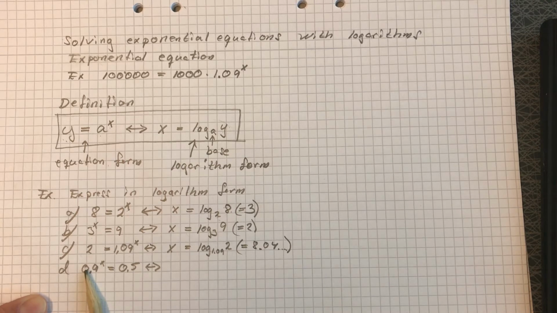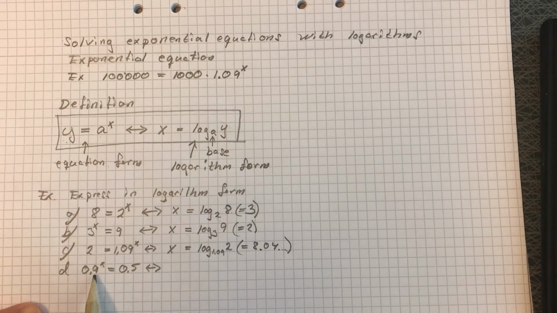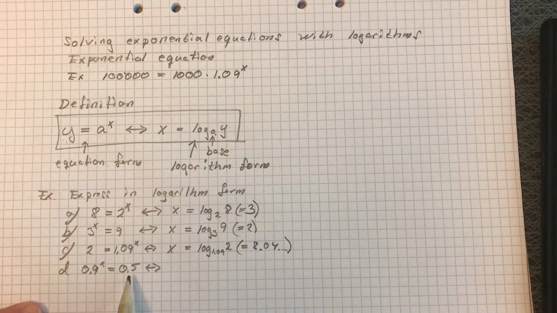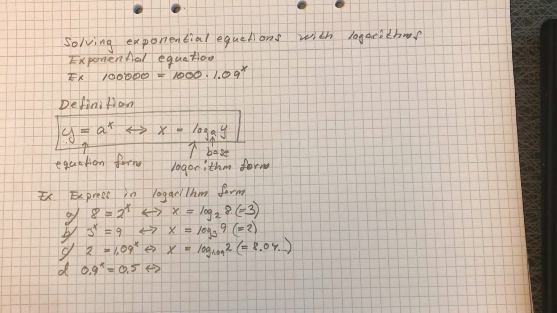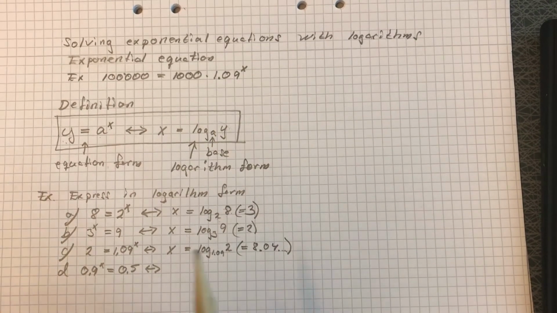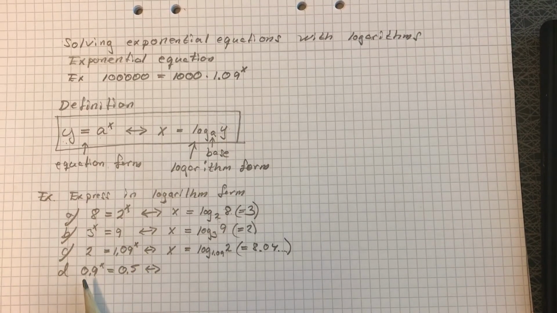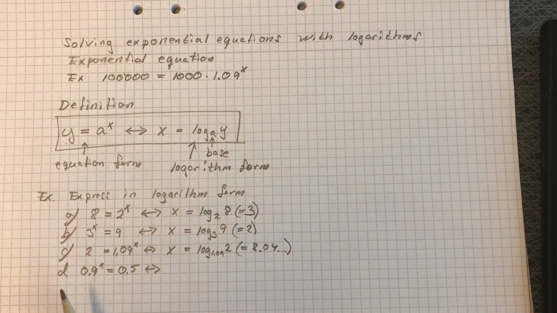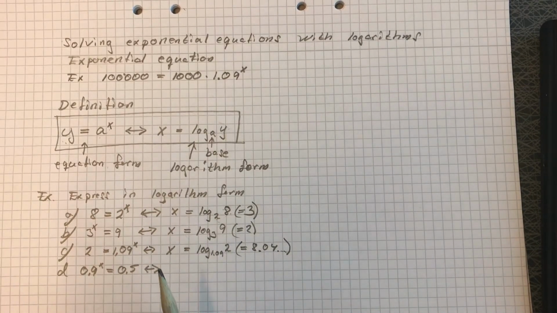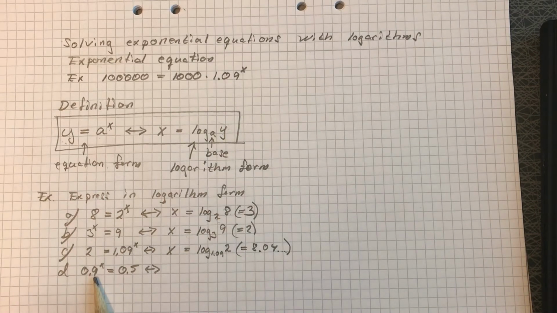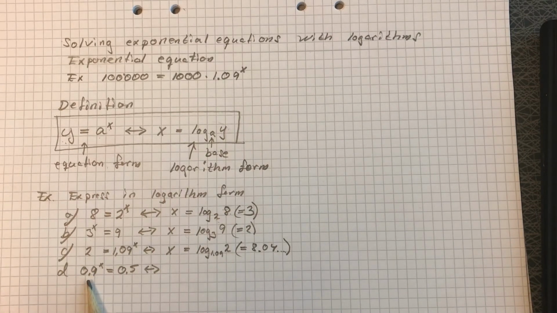If it's smaller than 1, then this number will be smaller than this number if x is positive, because now we have a decrease. An example of when we are using this could be, for instance, if you have the value of something, and the value is decreasing by 10% every year or every month, then you have 90% left, and the factor of change is 0.90.